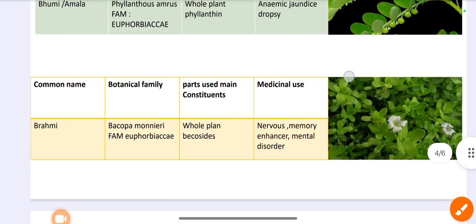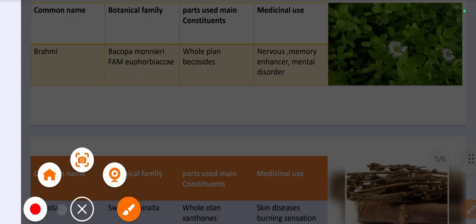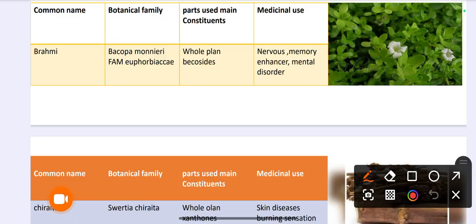Next plant, Brahmi. What is the other name of Brahmi? Bacopa monnieri. What is the family involved in Brahmi? Scrophulariaceae. What part is used, and what are the constituents? Whole plant, with bacosides.